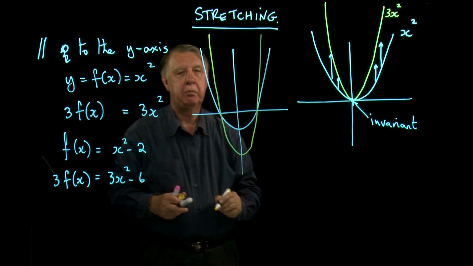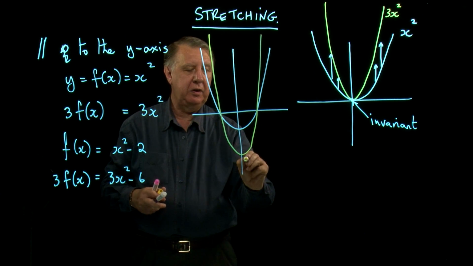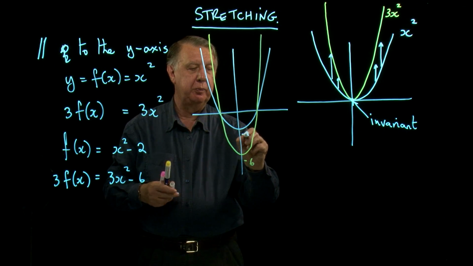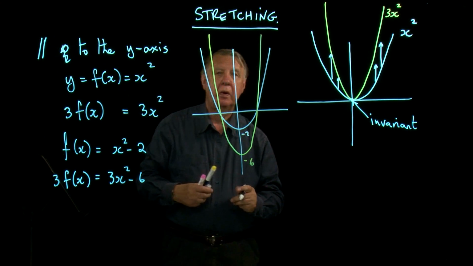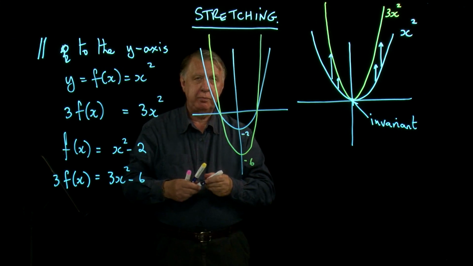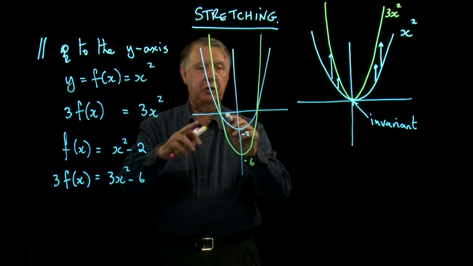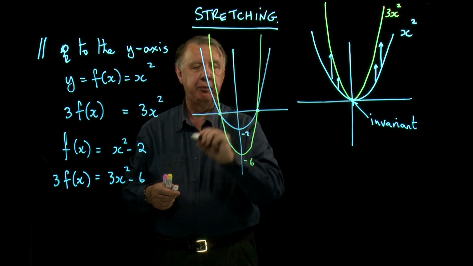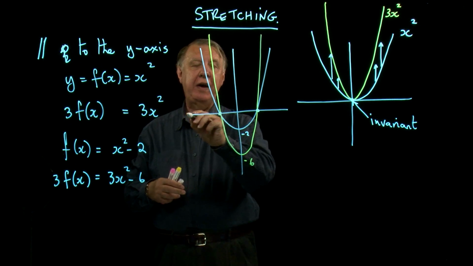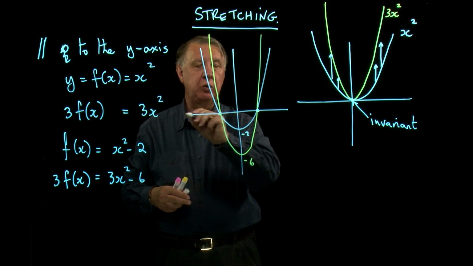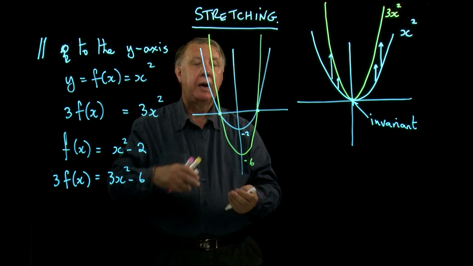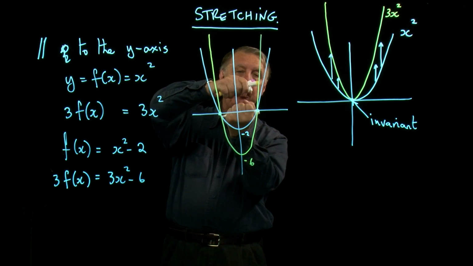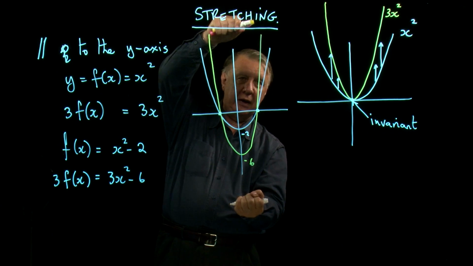Like that. Minus 6, minus 2. Now look at the stretching idea. And we can look at this whole idea of invariant. So both of those points have stayed there. And in fact, not only is that point invariant, the whole line is invariant. And imagine it all drawn on a sheet of rubber again, and we're actually pulling it out like this.